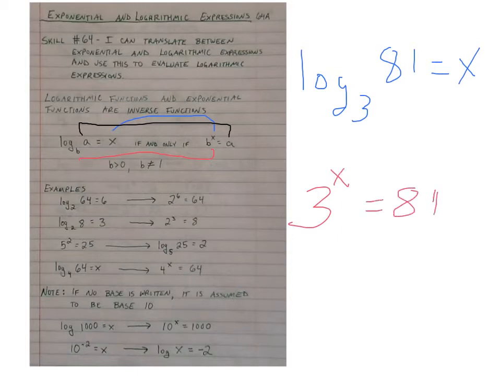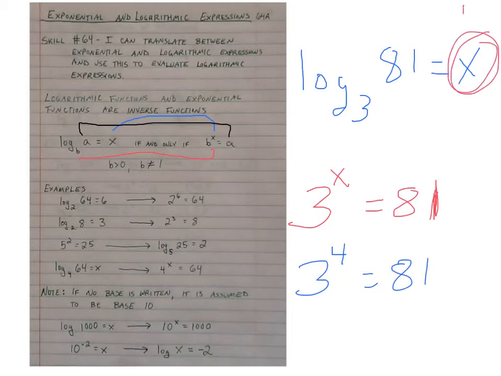From there we would go through our math process of figuring out what that x value is. So 3 to the 1 is 3, 3 squared is 9, 3 cubed is 27, 3 to the 4th is 81. So our answer is 4.